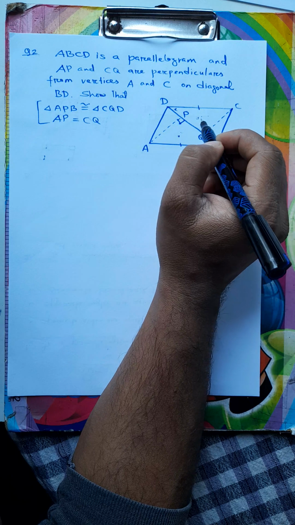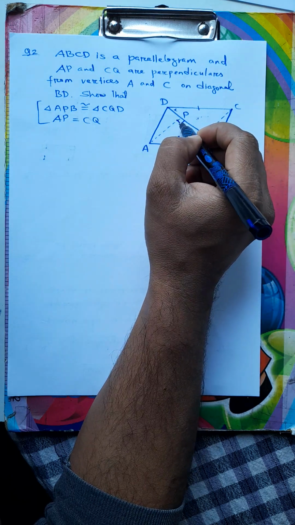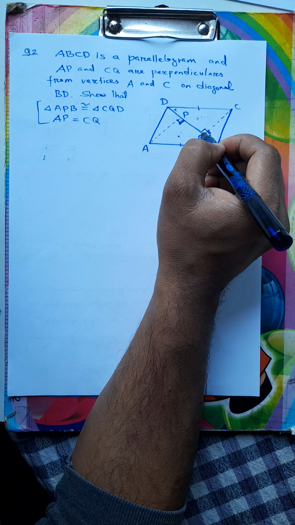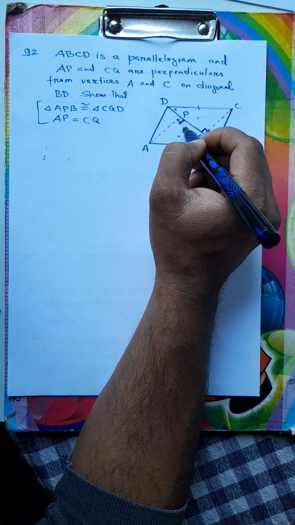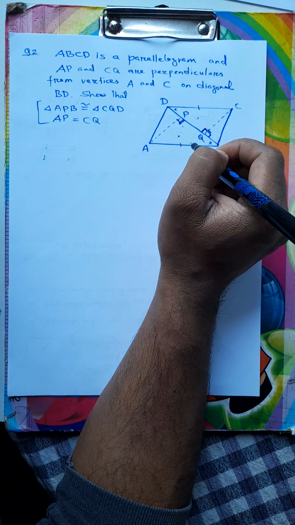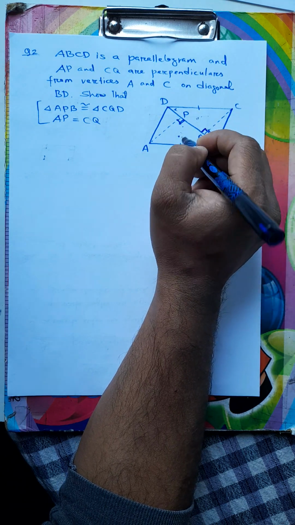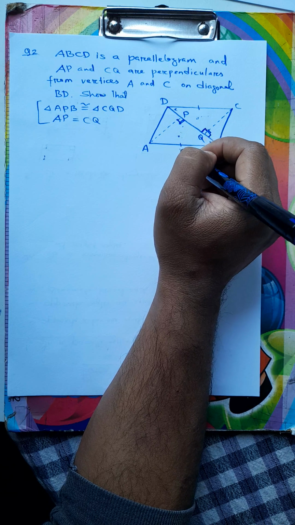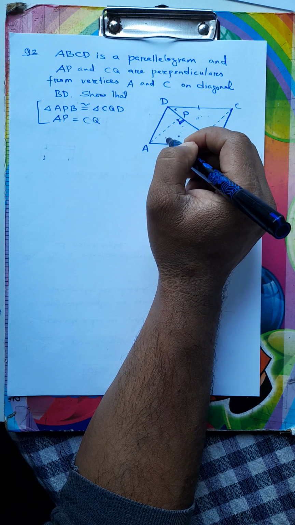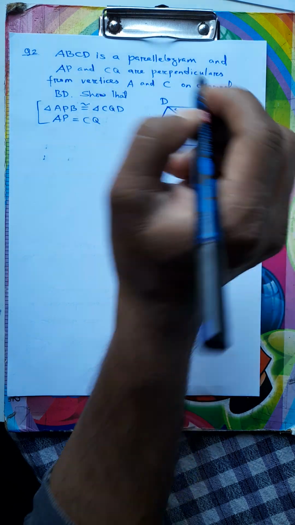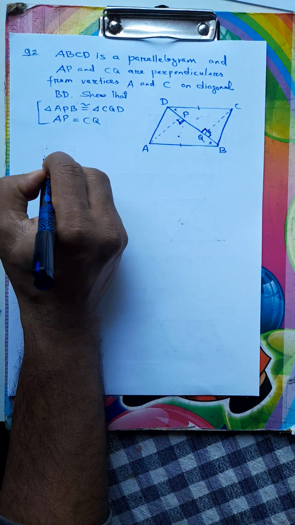Then these two angles are equal, 90 degrees. So by the AAS criterion, these two triangles are congruent. If they are congruent, corresponding parts are equal, so AP equals CQ, right? So let us prove this.